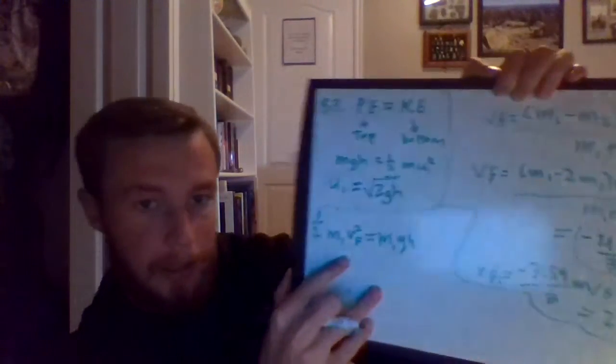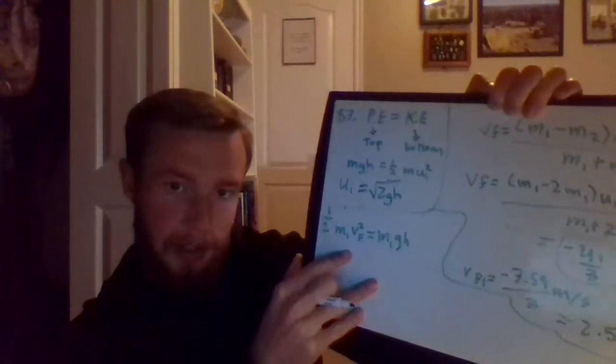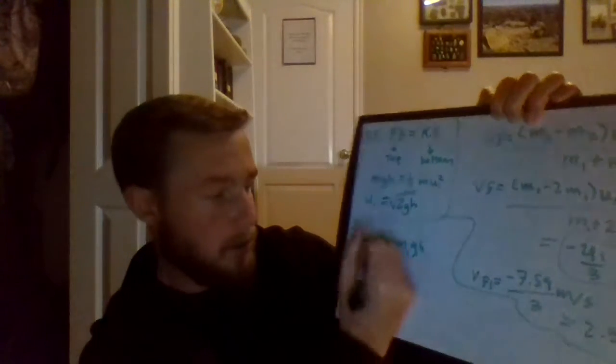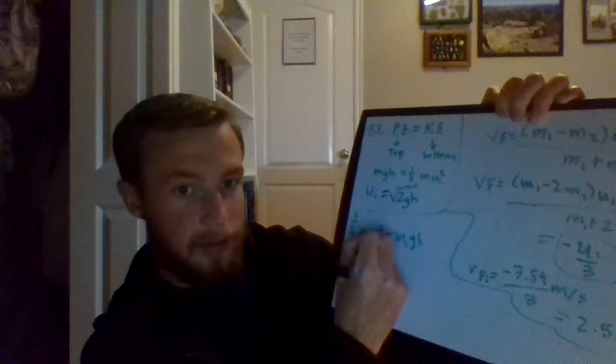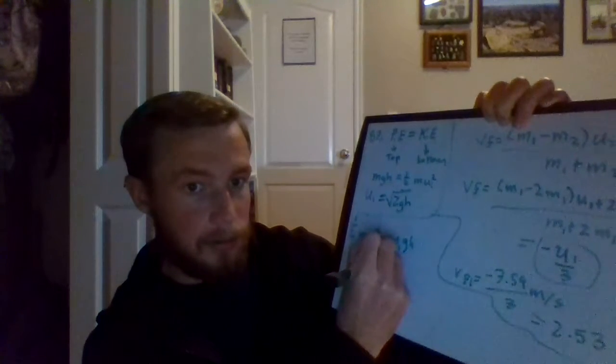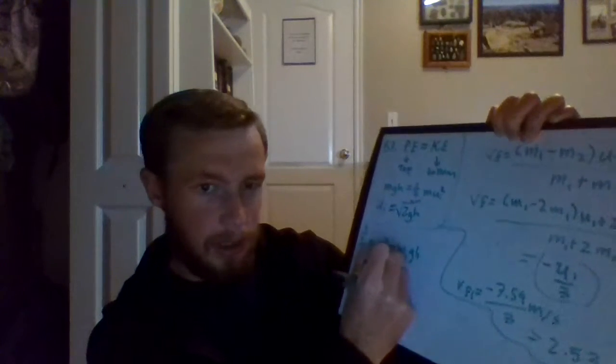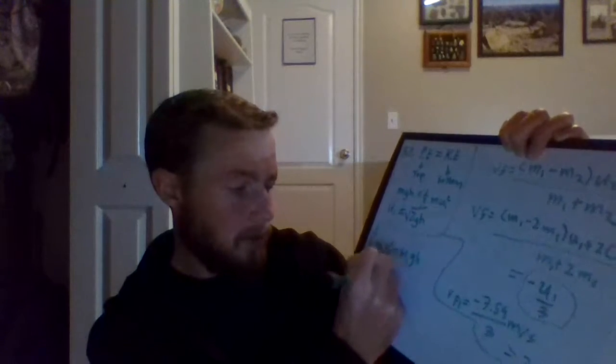Then we're going to rewrite this in terms of the height of the package after the collision. It's going to be h of f equals v squared f1 over 2g.